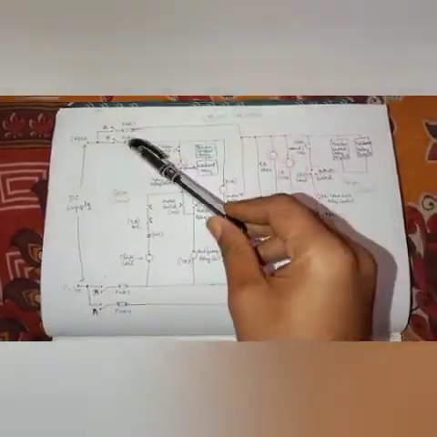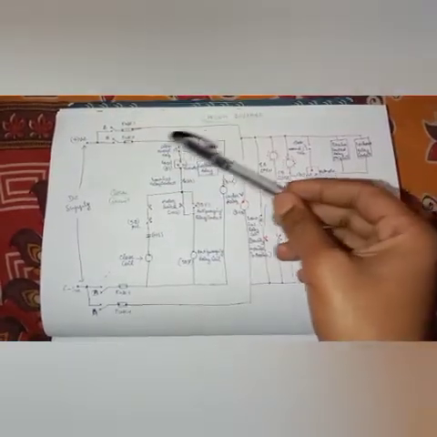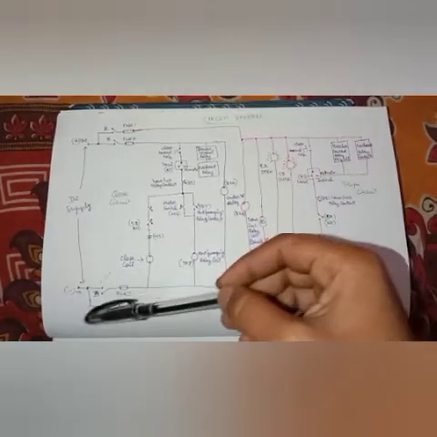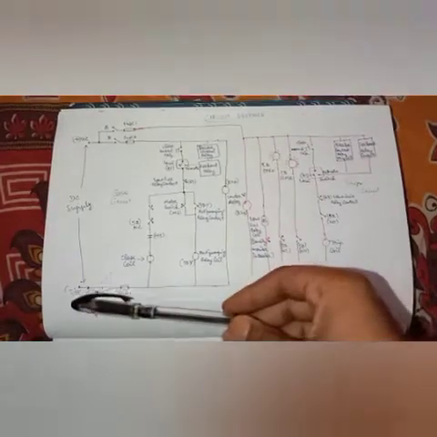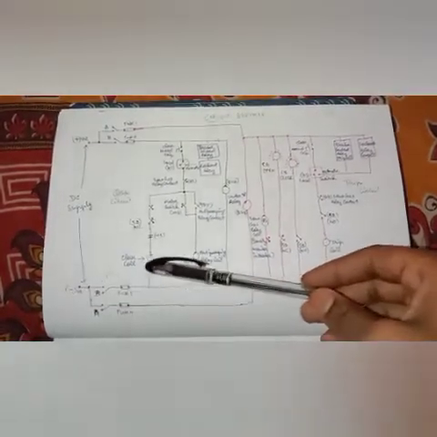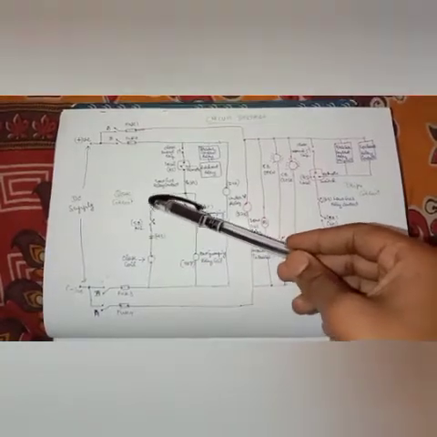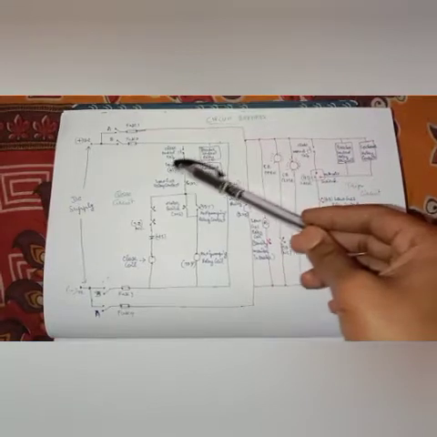So coming to the closing circuit, here the MCB positive side is where the TNC switch is connected, and just for your understanding, the negative supply goes to your close coil, and then further moves up to the local and remote switches.